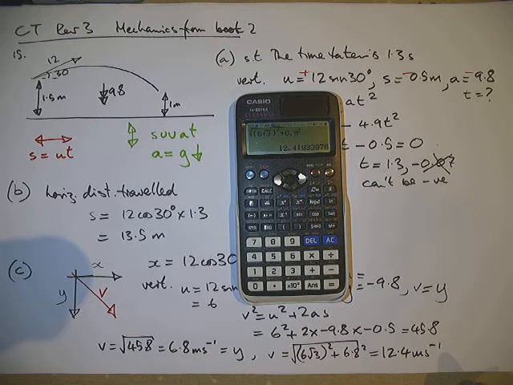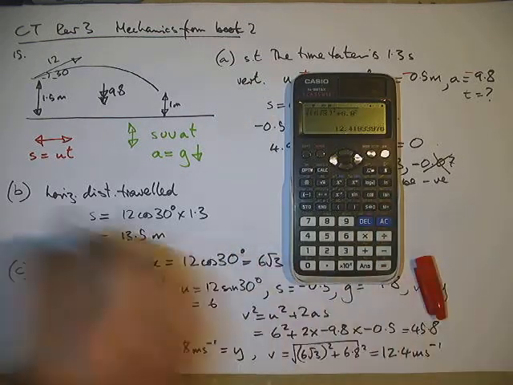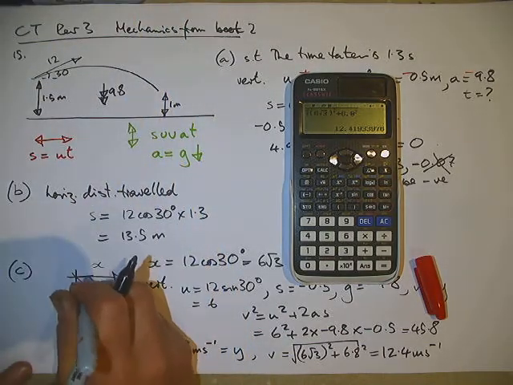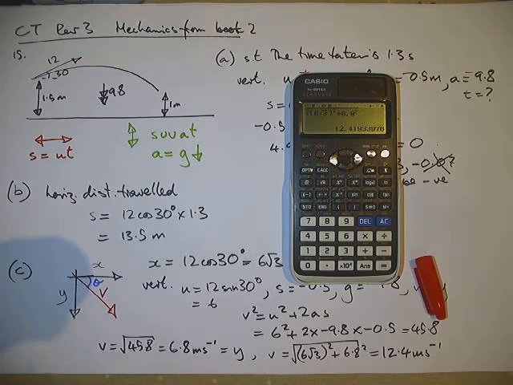Part D, the angle between the velocity of the arrow and the horizontal. Well, that we can get from the diagram we've just drawn. The angle between the velocity and the horizontal will be this angle.